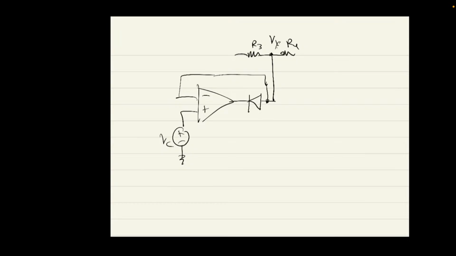So what we have here is Vy, right? If Vx is VL, then Vy will be positive R4 on R3 plus R4 times VL. However, VL is going to be like 15 or something. So let's just say this is 6 volts, and let's say VC is 5.